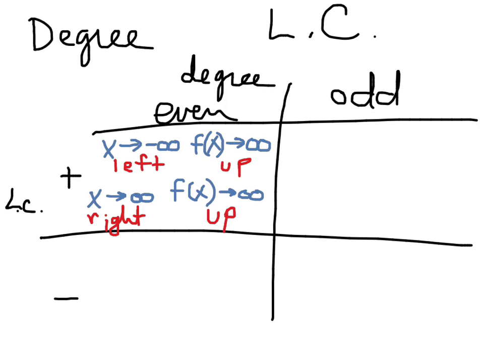When you go left, it goes up, and when you go to the right, it goes up. That's what that means. Is it never going to go down? That's only the first scenario. So on this part, again, when the degree is even and the lead coefficient is positive, that's how it works with this chart. When the degree is even and the lead coefficient is positive, that's what's going to happen.